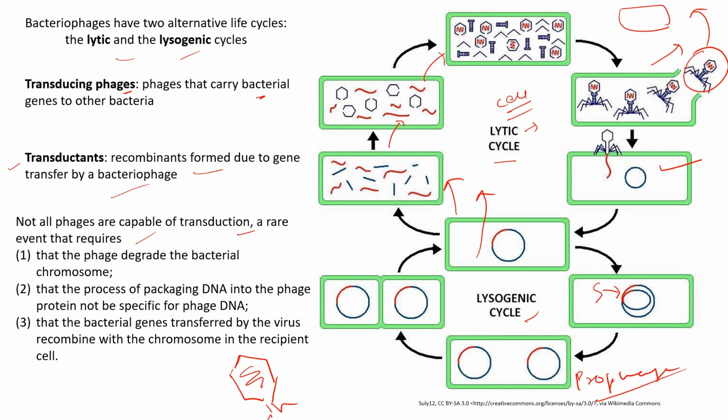So if two genes are present together in the phage head, that means these two genes are located very close to each other, because it is a very small space where DNA can be packed. So only genes that are very close to each other can get transferred and packed inside the phage head.